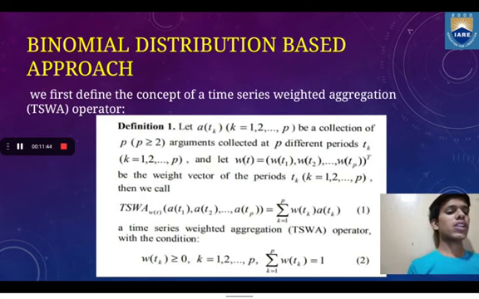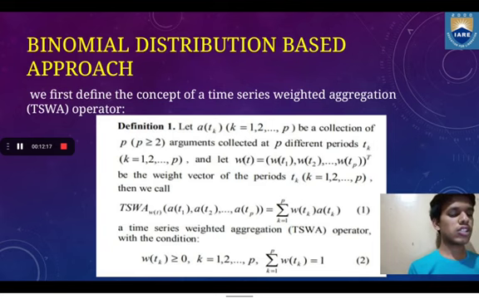A time series weighted aggregation operator is only valid when the condition holds that w(t_k), the weight of the kth period, is always greater than or equal to 0, where k takes the values 1 to p, and the summation of all the weights of the periods k is equal to 1.